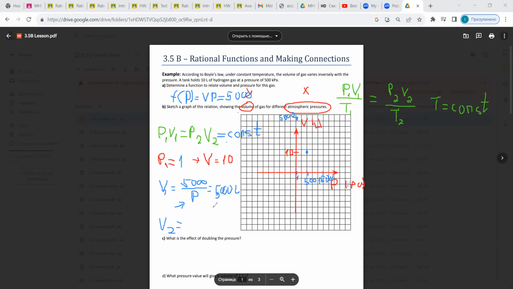If we put this value into our ratio, we would have 5,000 divided by 1,500 kilopascals, which is equal to, does anybody have a calculator? Or you can do it in any way you prefer.